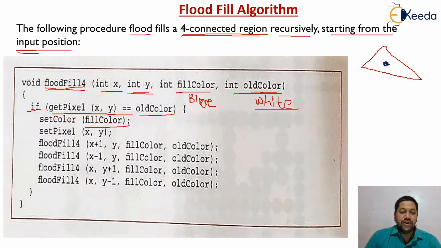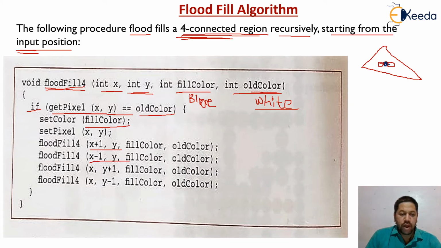Once I fill this pixel with the blue color, I have to recursively go through all four connected neighbors, or four adjacent pixels. The first pixel is x plus 1 comma y. If this is my seed pixel x comma y, then the next pixel to the right will be x plus 1 comma y. Then I check x minus 1 comma y, which from our point of view is the left position.